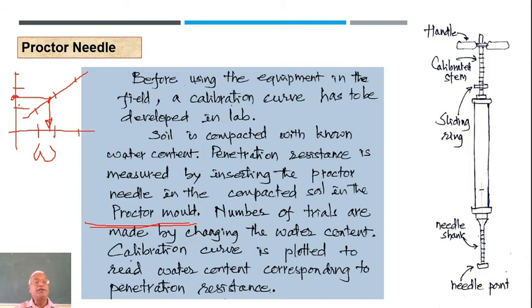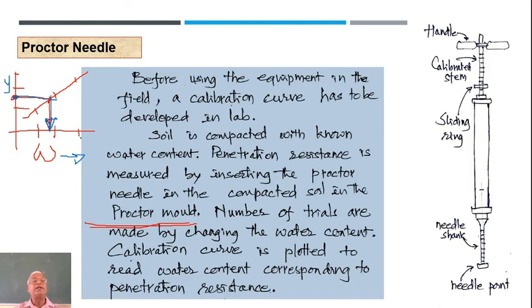Now using that, you plot the curve, with penetration on the y-axis and water content on the x-axis, and you will get a straight line graph like that. This graph you have to carry to the field. On the field, with the same type of needle, when you penetrate into the compacted soil, suppose the penetration is so much. Now with this, you go to the curve and find out the water content. So this gives you directly how much the water content is.